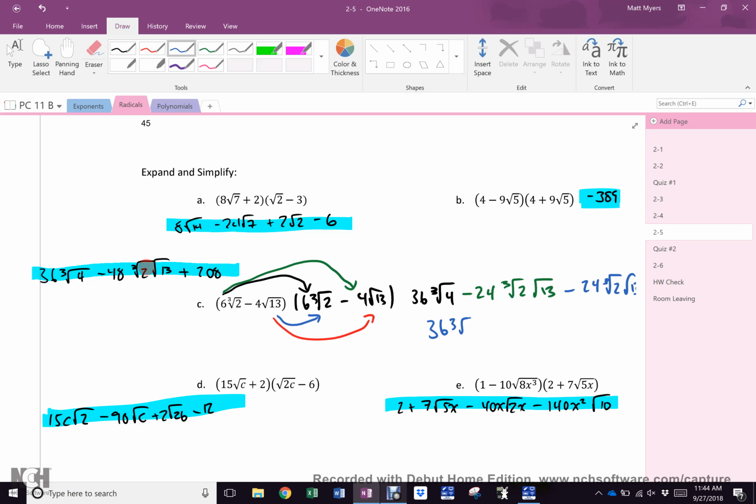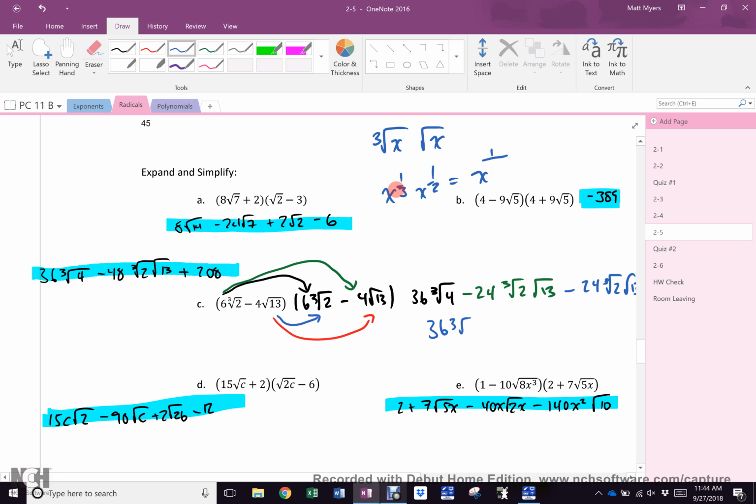Unless cube root x times root x. You could do that. Why? Because they're the same radicand, right? Because that is x to the 1/3 times x to the 1/2. No, you're adding them.